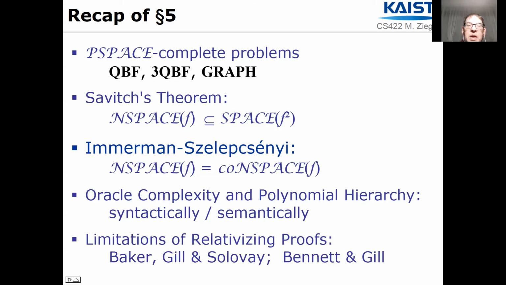And finally, we investigated why it seems so hard to solve the P versus NP problem, namely because of the limitations of relativizing proof techniques, which provably cannot prove P either equal to NP nor P different from NP, as exhibited by the Baker-Gill-Solovay construction and randomized refinement due to Bennett and Gill. So that concludes chapter 5.